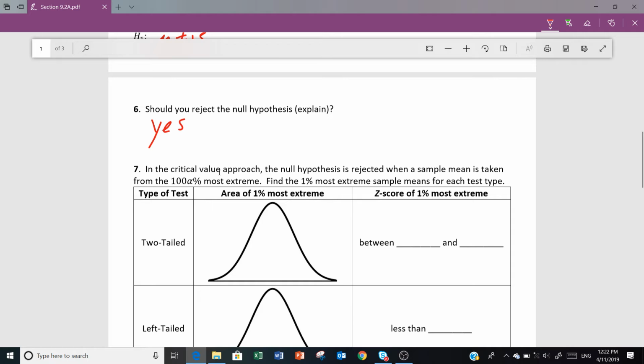Extreme values should be on the side, which this is not extreme. So this one's right? This one's right, this one's right. So is it gonna be from here? If it's right tailed, then it's just gonna be the small little right. Oh, So it is between negative and positive and negative and positive. Oh. Are these values right? This one's right, these two need to be rechecked. What number did you put into here? Because isn't it just the same with the z values? No, because this one, the 1% gets divided in half, half on both. This one, just 1%.